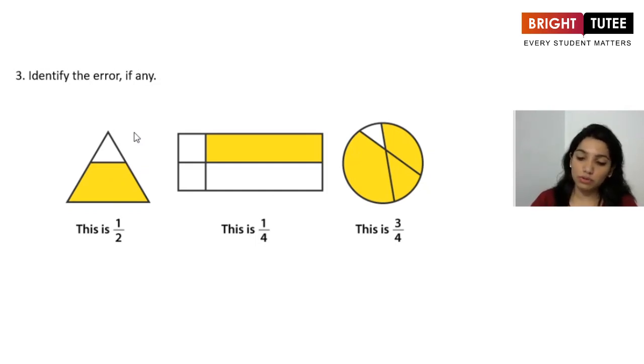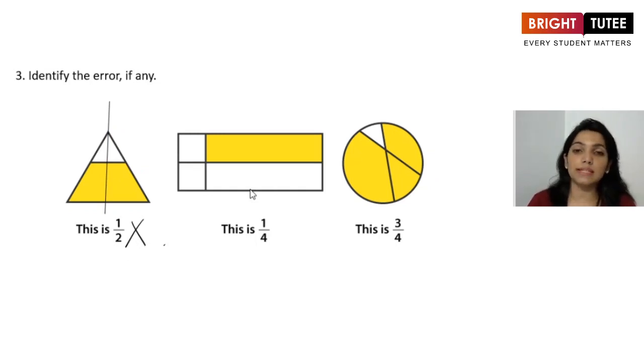If I want to divide this particular image into exactly half, I would have drawn, I'll just use a pencil here, a straight line. Yes, so I would have divided it something like this so that we can have it exactly into half. Okay, so this statement, this is half, is wrong. It is not half.